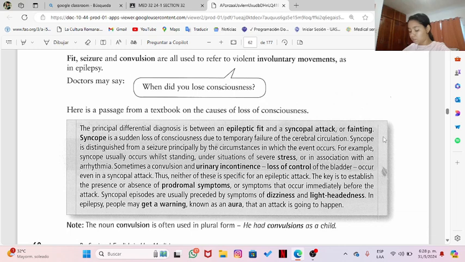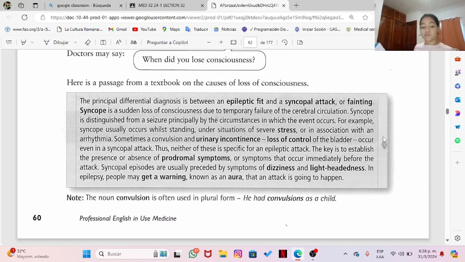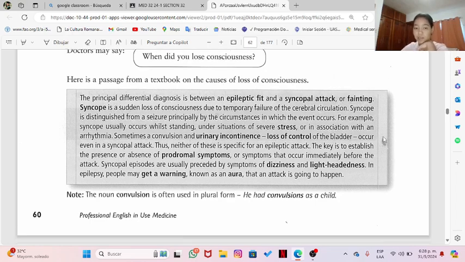In epilepsy, people may get a warning known as an aura that an attack is going to happen. Note: the noun convulsion is often used in plural form. He had convulsions as a child.